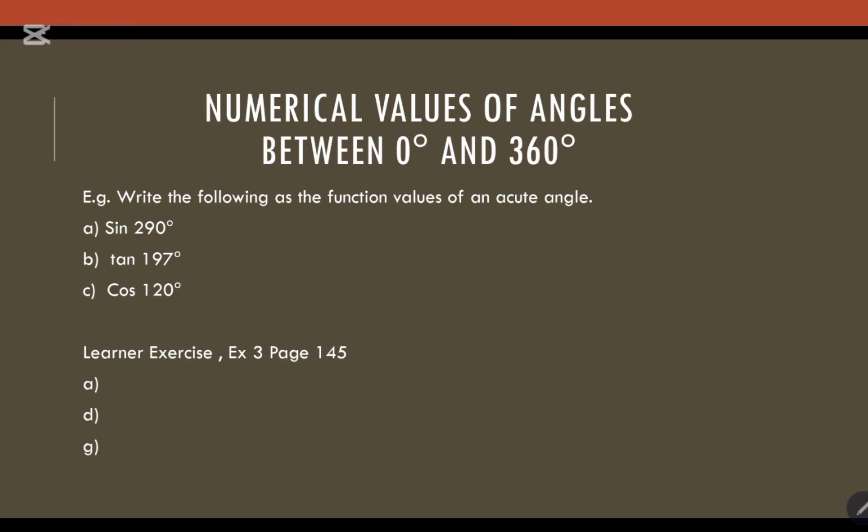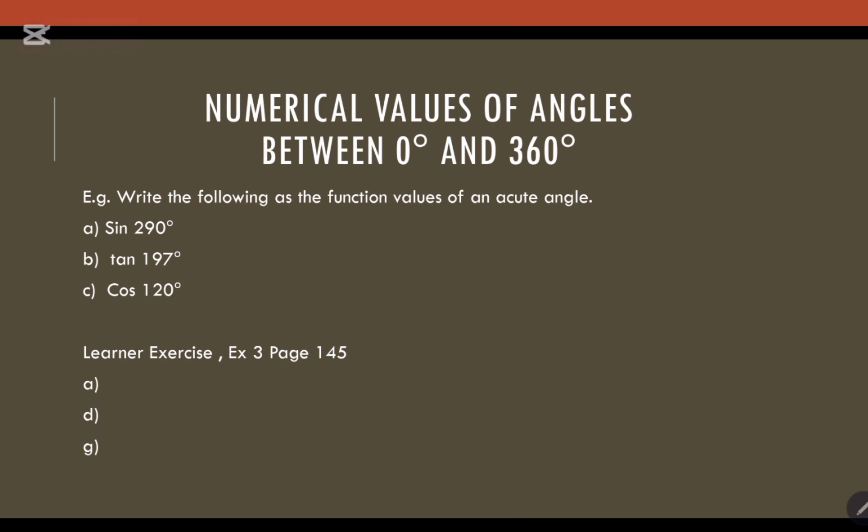Now, let us look at these examples that I also looked at, just to strengthen learner understanding of reductions. The first angle that is indicated there is 290 degrees. Now 290 degrees, we can reduce that using the vertical line of 270.